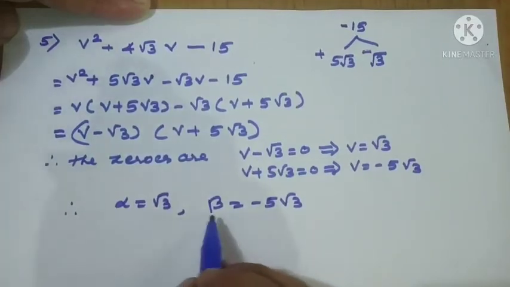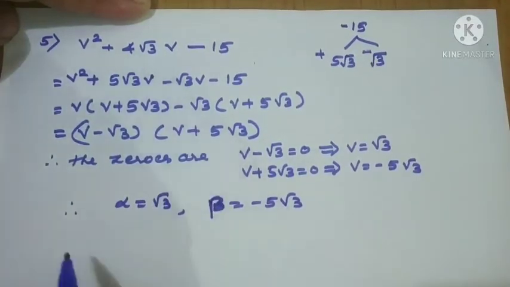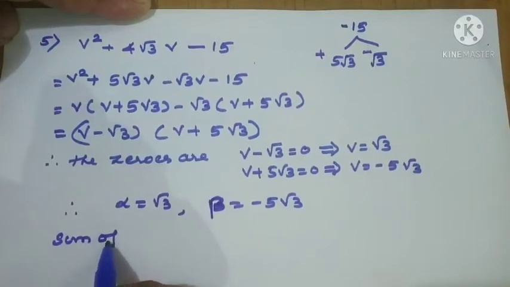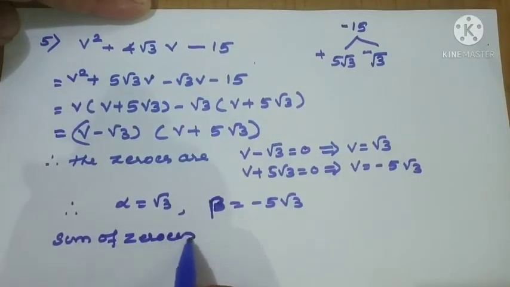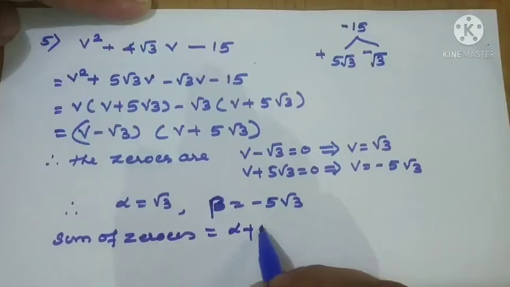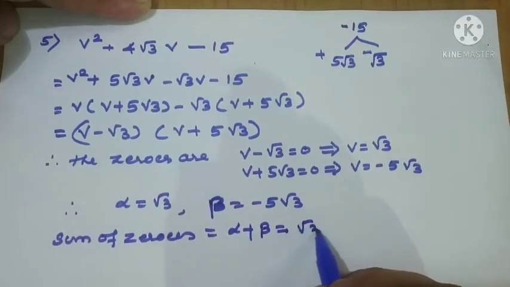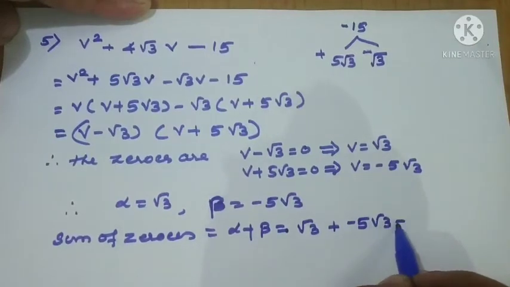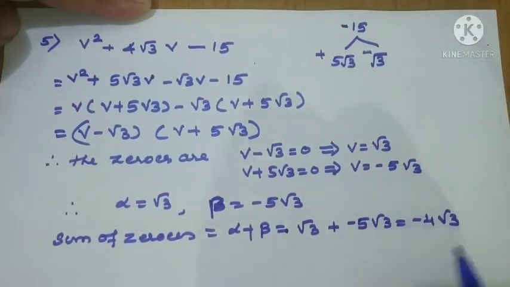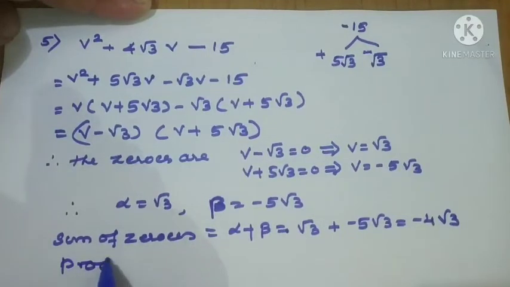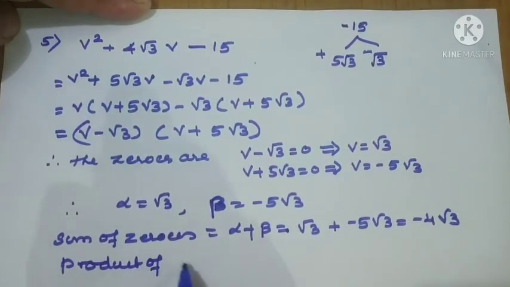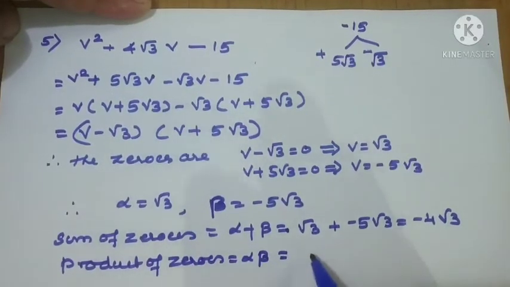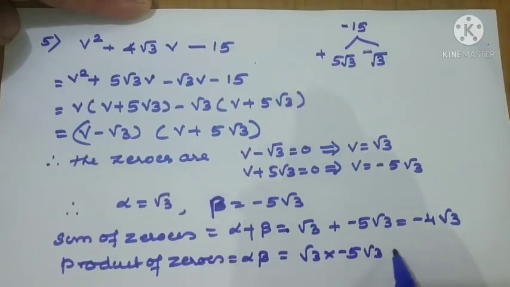Now what is the next step? Sum of the zeros. Alpha plus beta equal to root 3 plus minus 5 root 3, that means minus 4 root 3. Similarly, product of the zeros, alpha beta equal to root 3 into minus 5 root 3 equal to minus 15.